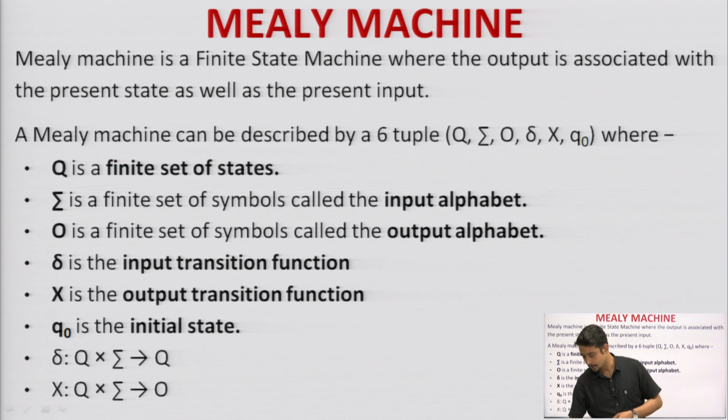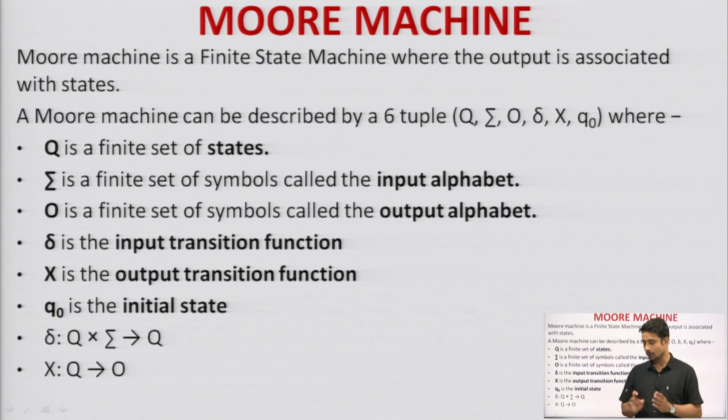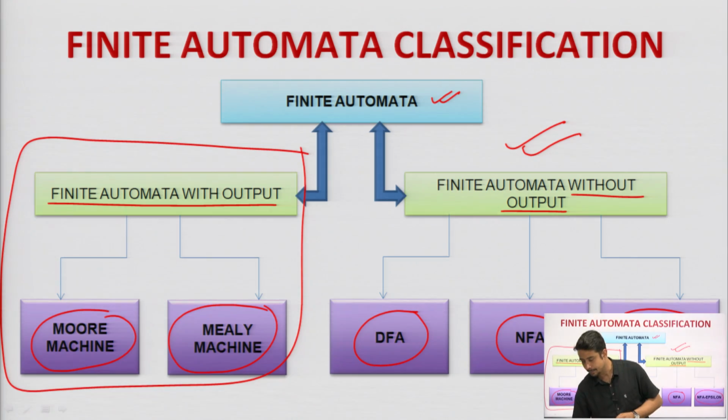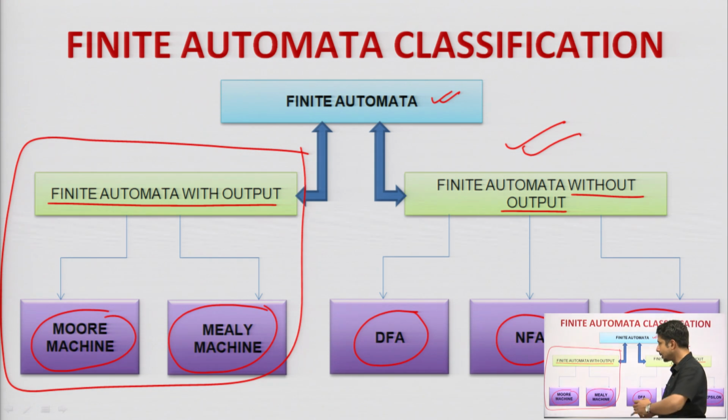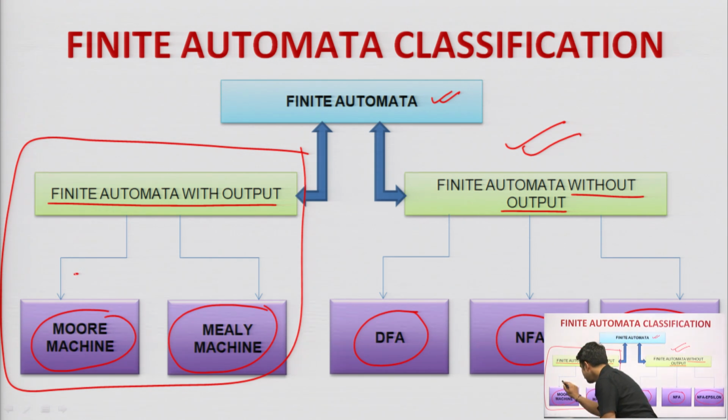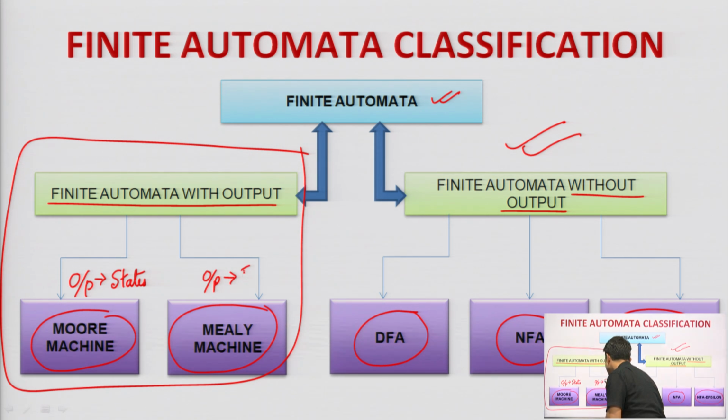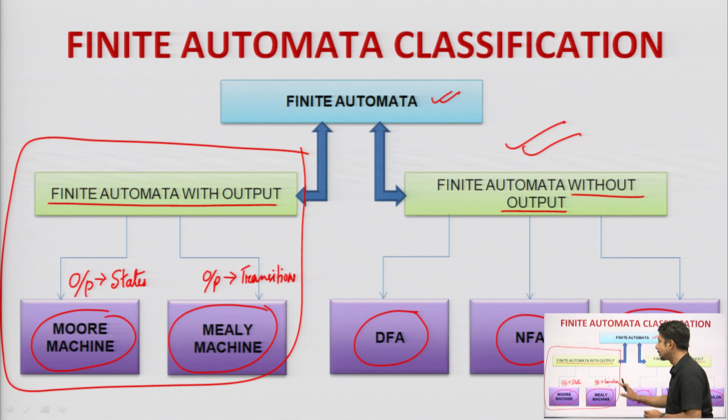If we talk about it in a short way, I want you to remember this: in the Moore machine, output is associated with states, and in the Mealy machine, output is associated with transitions, or we can say output is associated with the inputs.